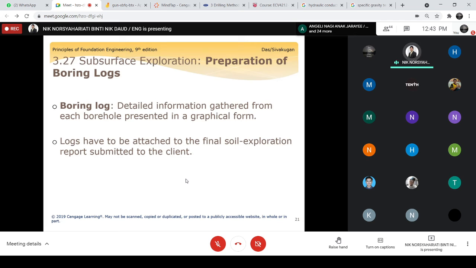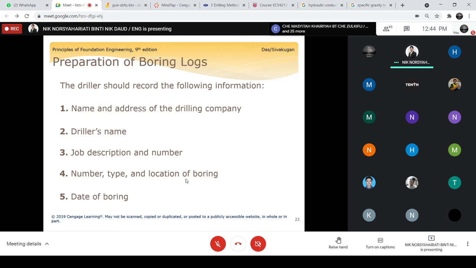Then at the end, the geologist or the technical assistant needs to prepare a boring log, the one I shared with you before, which is a log you need to attach to the report before you submit it to the clients.